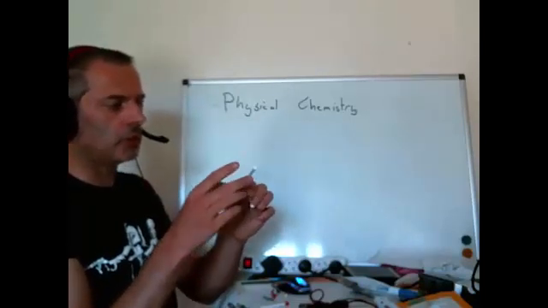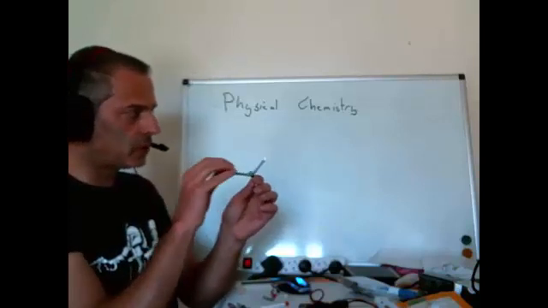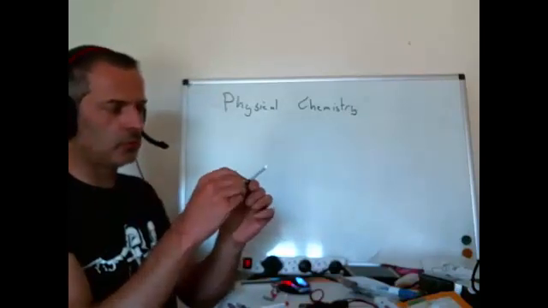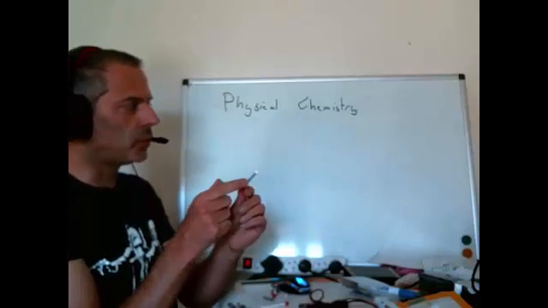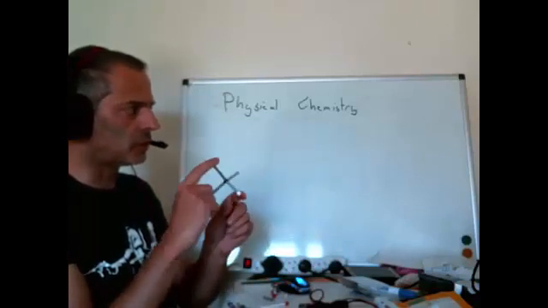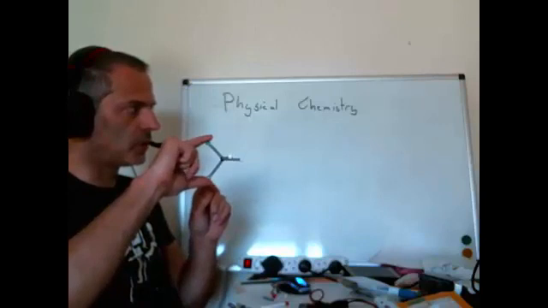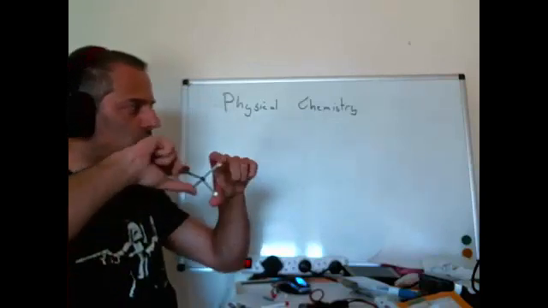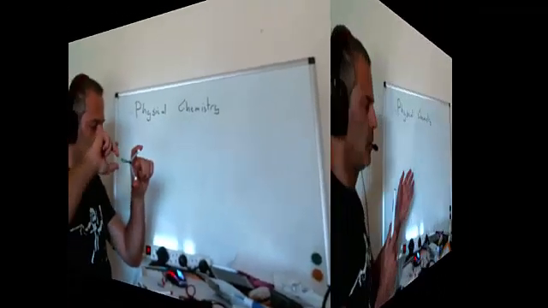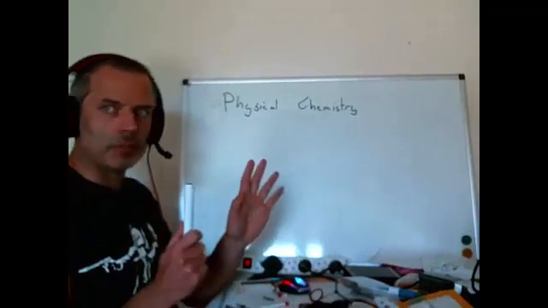We can also stretch the bonds in different ways. We can also bend them. These ones don't bend, so I can't do that. But these ones can bend in this direction. So we introduce a little bit of geometry very simply.